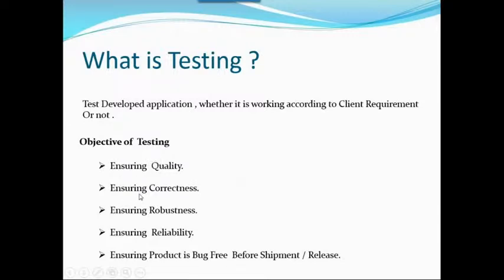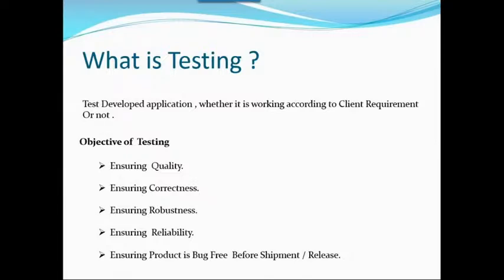This is the objective of testing. For what reason are we doing the testing? To make sure the quality is there, make sure of correctness and robustness, critical functionality also we need to test, and ensure reliability. Reliability is nothing but making sure this application is user friendly.